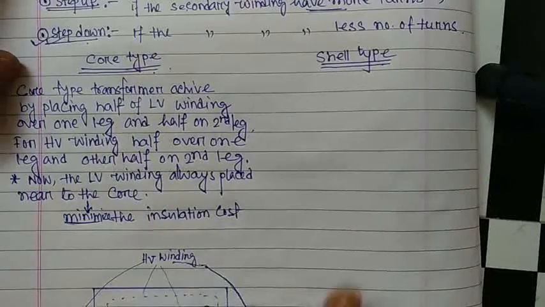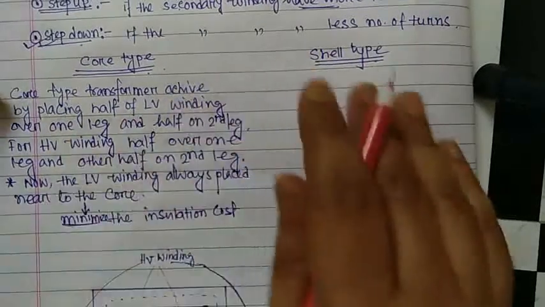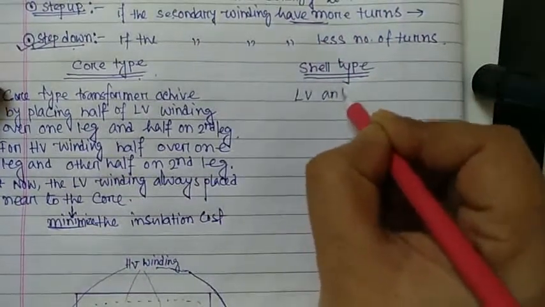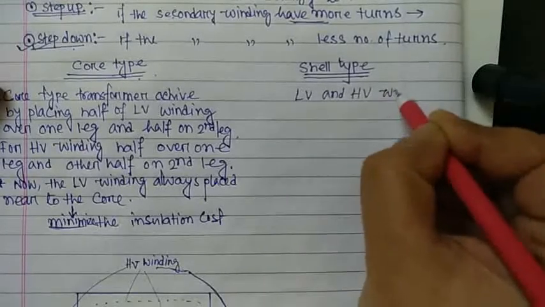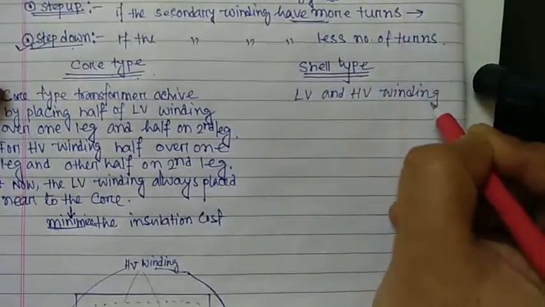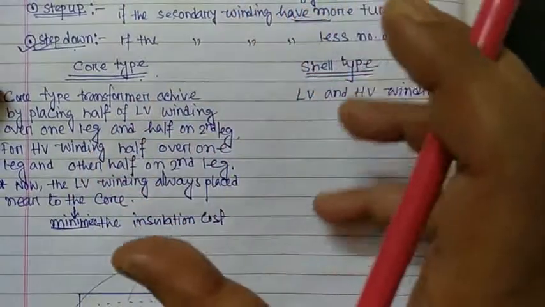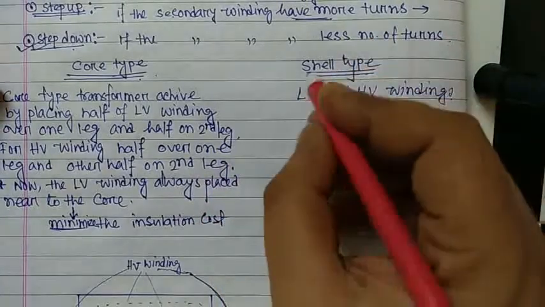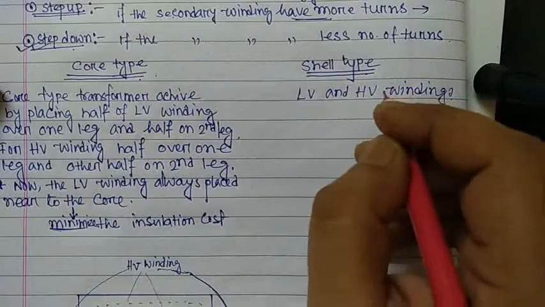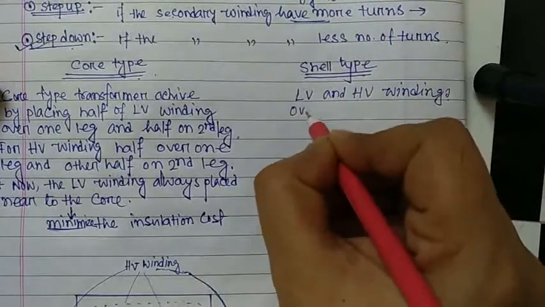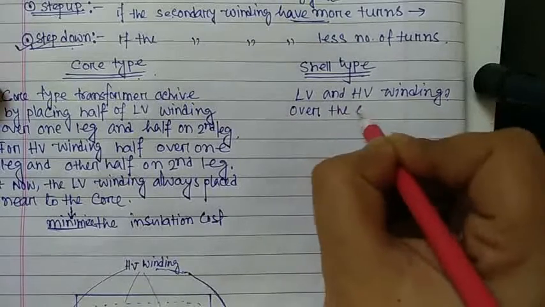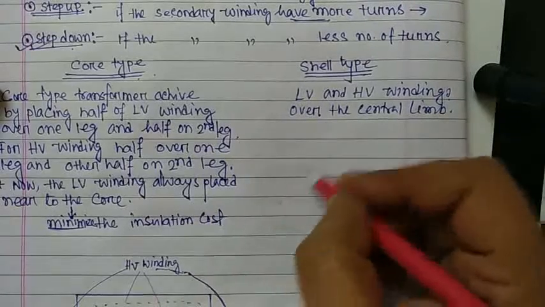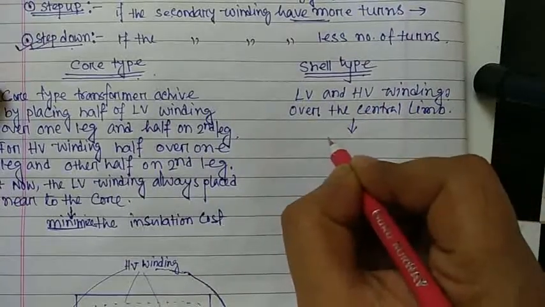And in shell type, low voltage and high voltage windings are sandwiched on the central limb. Okay, low voltage and high voltage windings are over the central limb, and it is a sandwich.